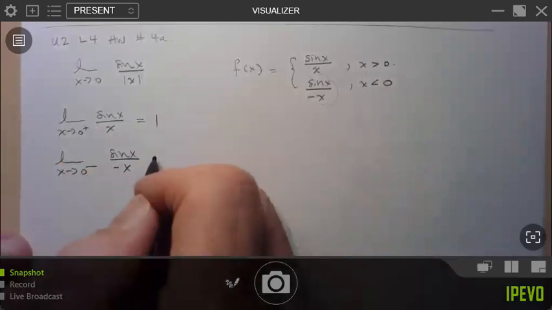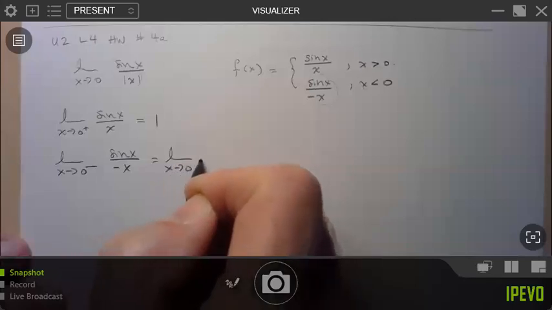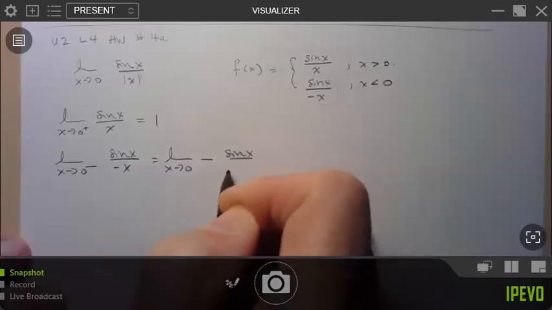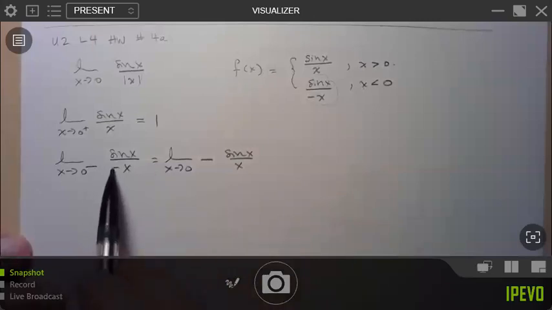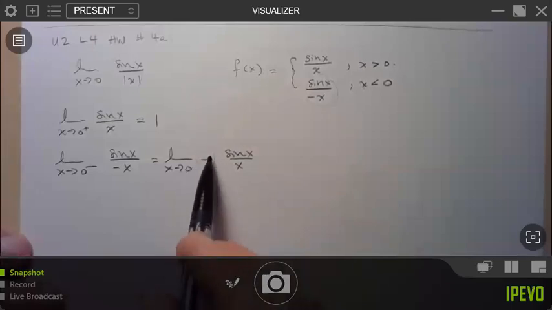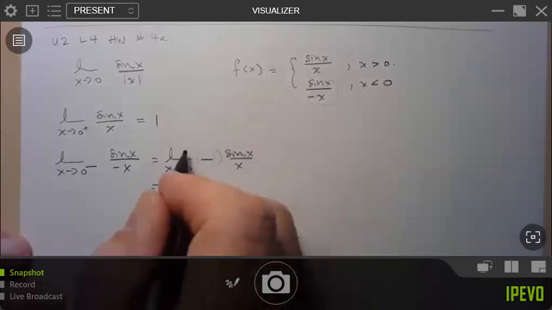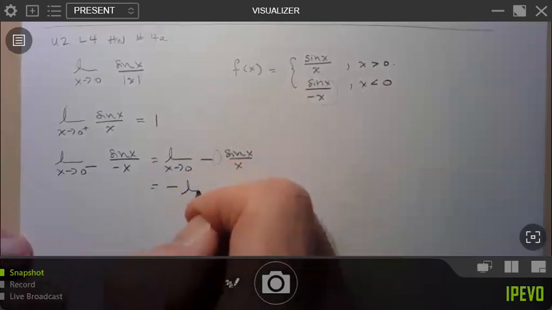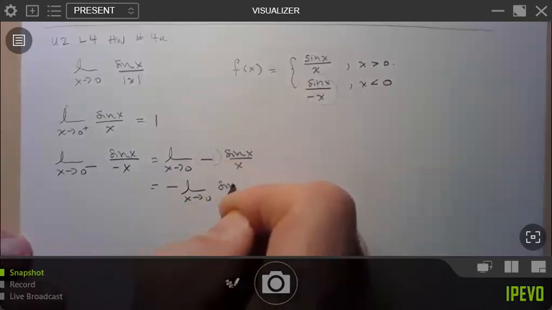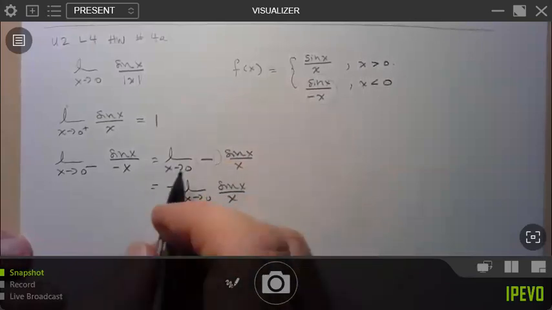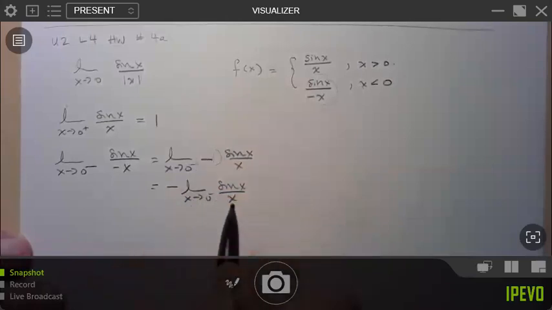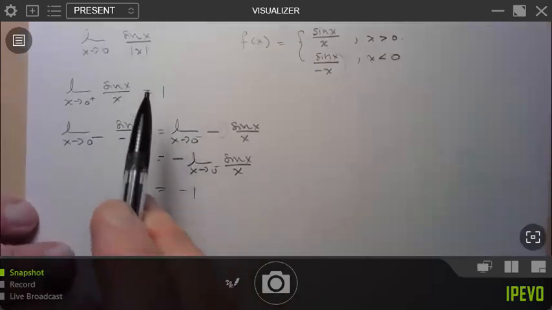But remember, this is the same as if I put the negative sign in front of the expression. They're the same. So this is like having a constant multiple of -1. And since I know this limit exists, I can take the constant out of the limit. And hey, look what I'm left with now. Whoops, I forgot to write from the left. And look what I'm left with, that limit that I know well, -1. Is the limit from the left and right equal?